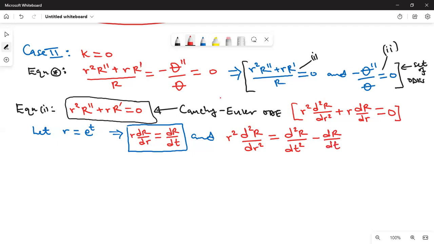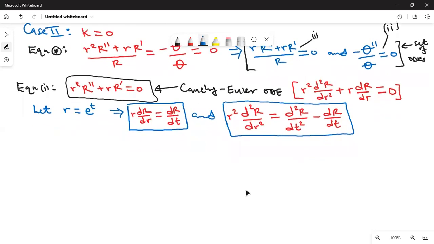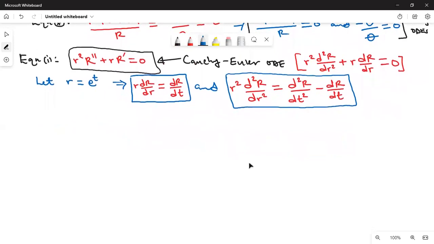That's what you need to get when you transform the second derivative. Again, you recall what you did in ODEs under Cauchy-Euler equations, how to transform an ODE with variable coefficients of the Cauchy-Euler type to an equation with constant coefficients.